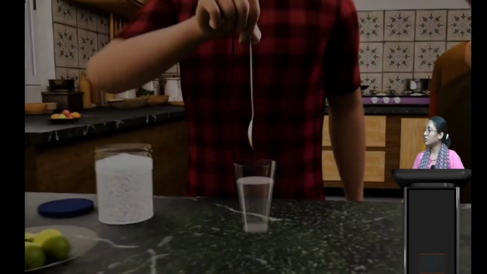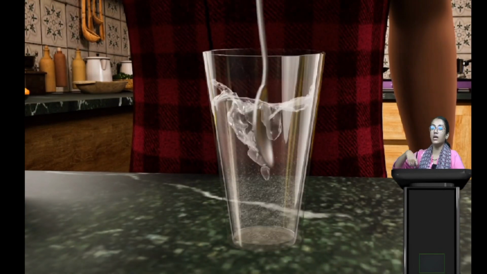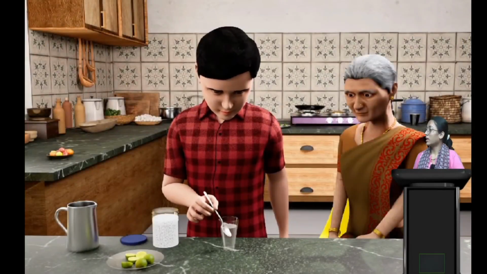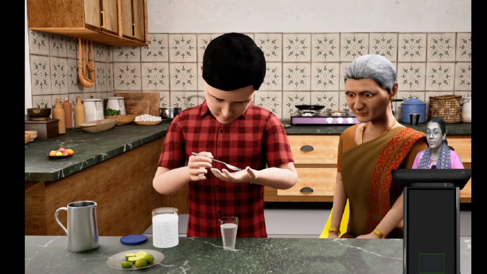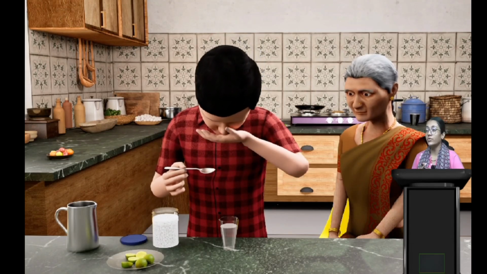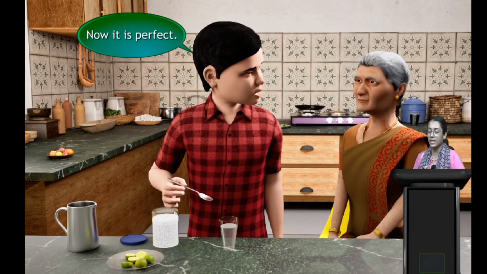Now let's see what happens. See, he is stirring the water now. And now when he tastes the lemon juice, now it will be okay. He is telling that now it is perfect.